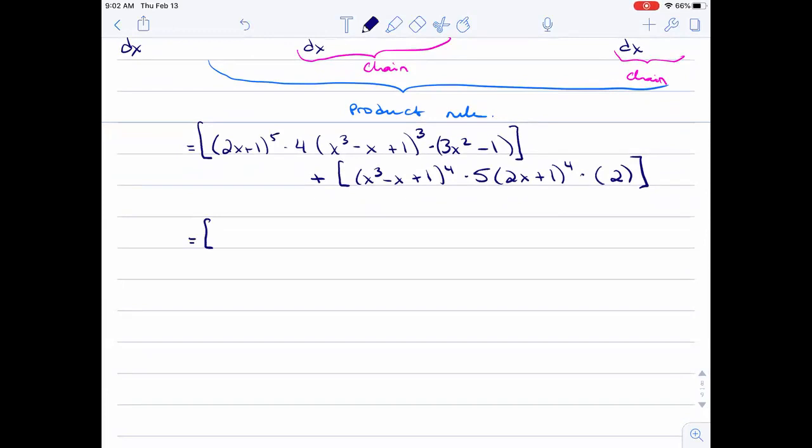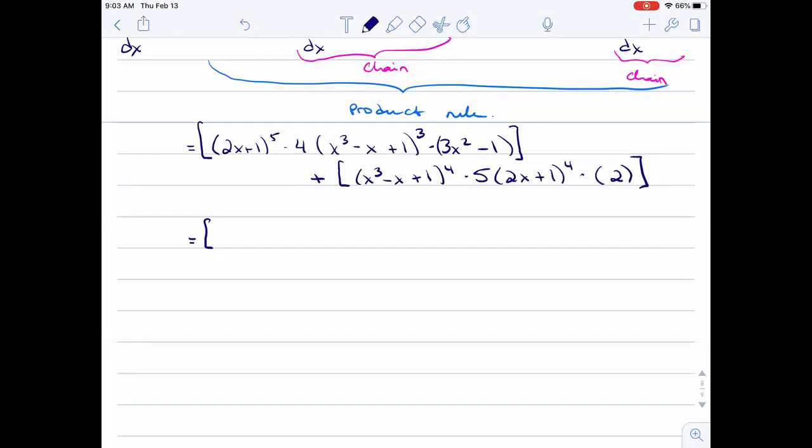I think of them as chunks. First chunk here is, what can we do? We can pull the 4 out front, but nothing else really, unless I want to expand, which I definitely do not. So how about the second chunk?